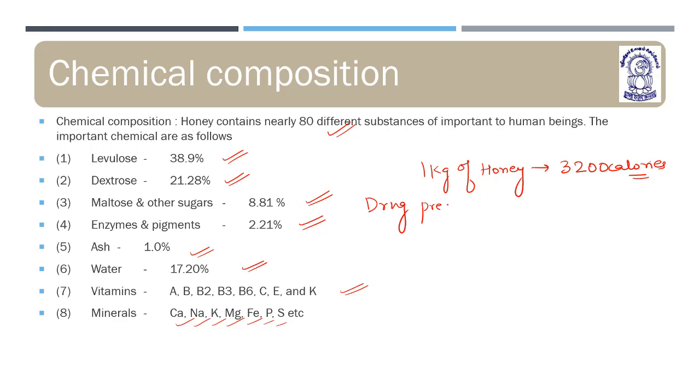A drug prepared from the bodies of honeybees is basically used to prepare medicine against diphtheria.